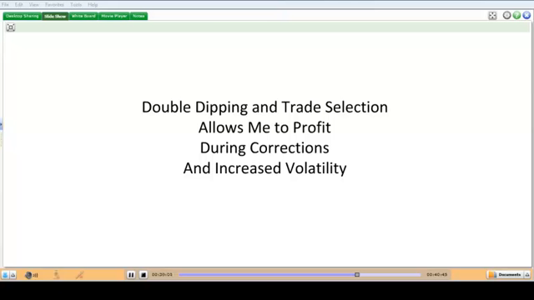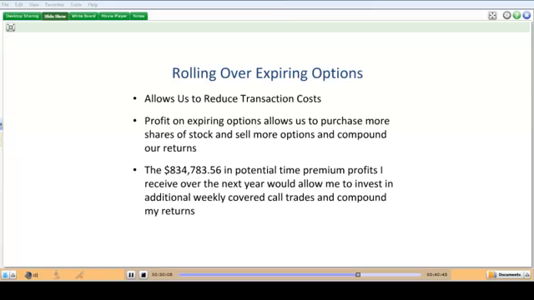So let's just talk about rolling over these options briefly. If you roll over the option using a spread order, it allows you to reduce the transaction costs. And here's an example. This is for Apple. I owned Apple stock.